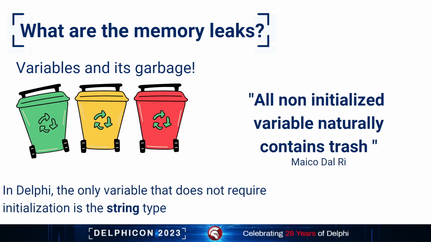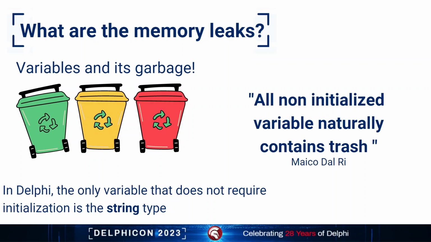When we instantiate an object, after using that object, we have to tell the compiler that we are not using that object anymore, just as when we want to use some object, we have to instantiate it, right? We have to call its class constructor, Create. And if we don't do that, that variable will contain garbage, right? I won't go through stack variables and heap variables.